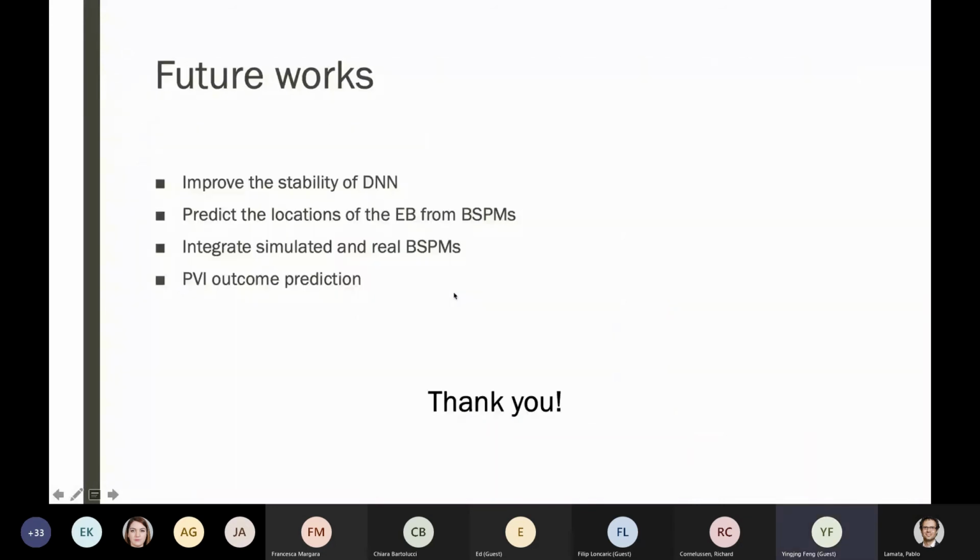So the future works would be to improve the stability of the deep neural network and try to see if we can predict the locations of the ectopic beats from the BSPMs. However, this is very difficult because there is research showing that the heart geometry and orientation significantly affect the quality of ECGI.